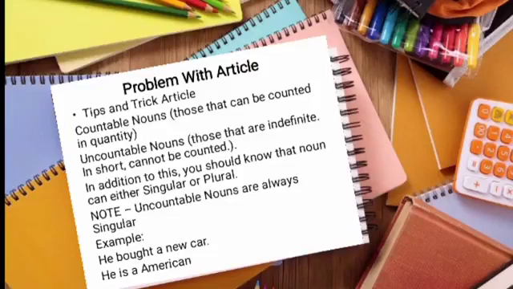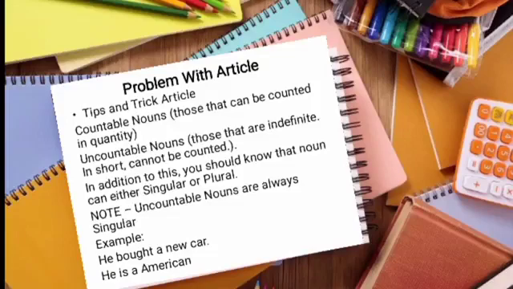For example, the first is, he bought a new car. What is the article? The correct option is a, because the explanation is car is a common noun and they are always singular.